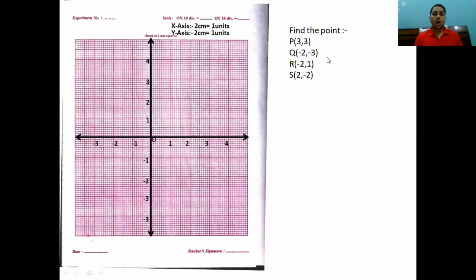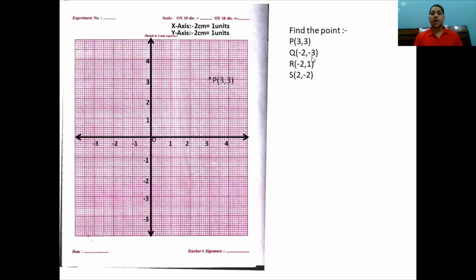And how will we identify this point? We have point P here and it moves from the origin in the positive direction of the x-axis because x here is positive. So first we proceed 1, 2, 3 here. Then y is 3 again, so 1, 2, 3. So at this point, point P(3, 3) is located.